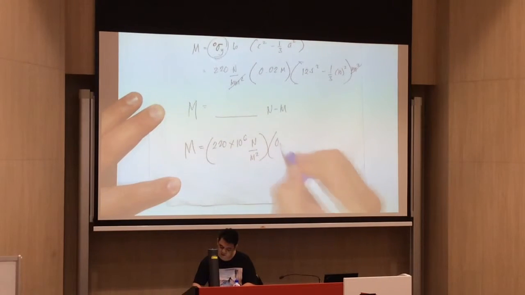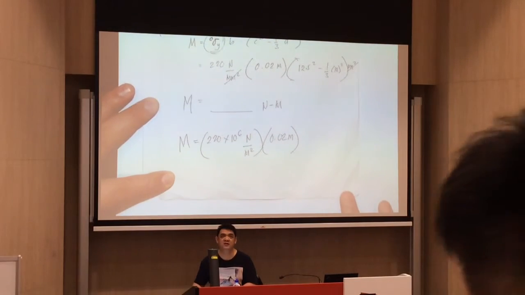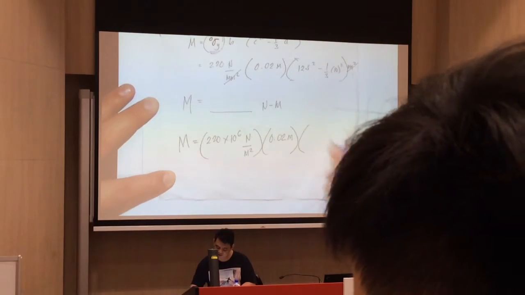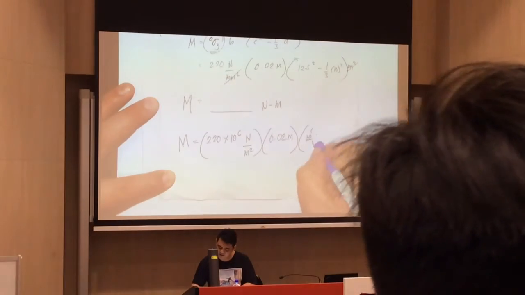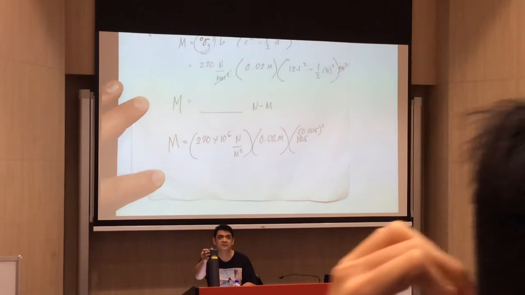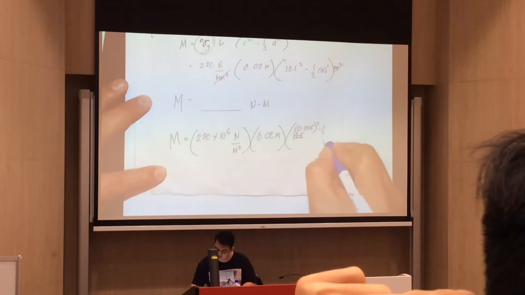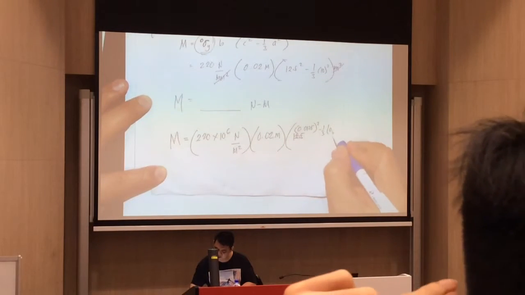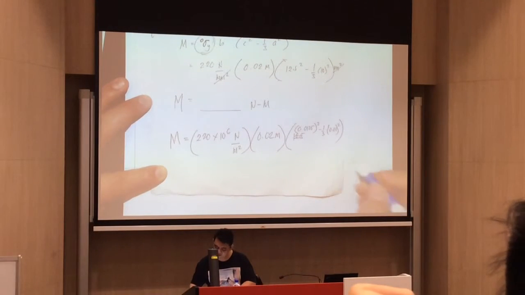You can have this one to be 0.02 meter, that's your base. This one will be 0.0125 squared minus 1/3 times 0.01 squared.